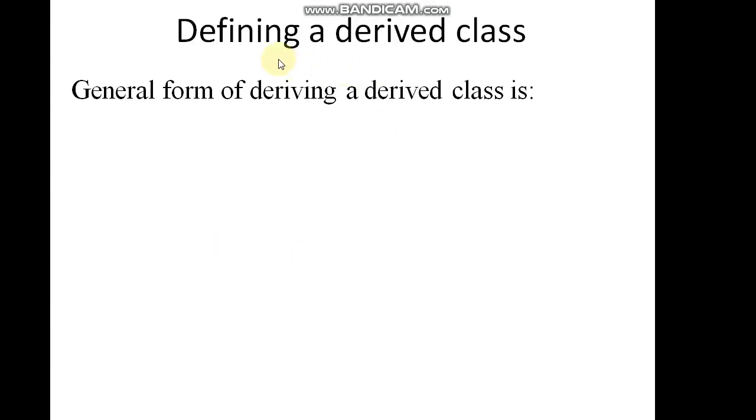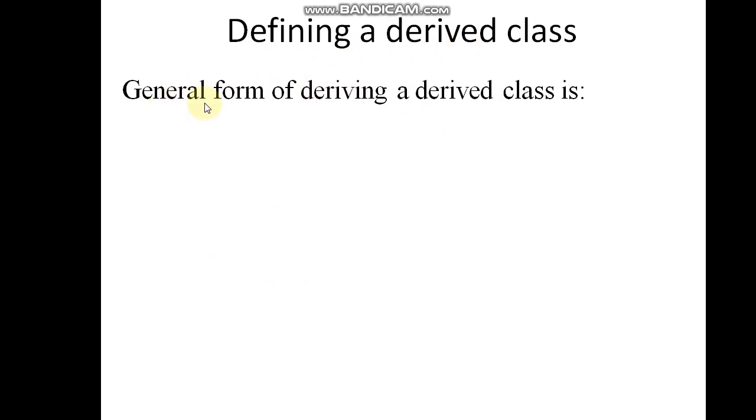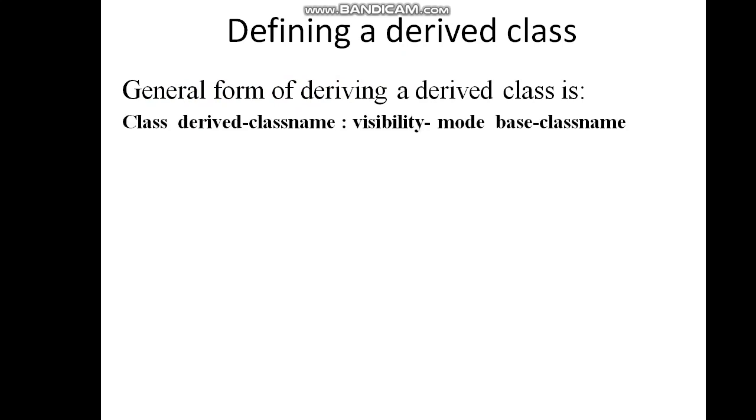If we want to define a derived class, there is a general form of deriving a new class. Its syntax is like this. First of all, we have a keyword class followed by derived class name. Then colon is an operator which is used for inheritance.